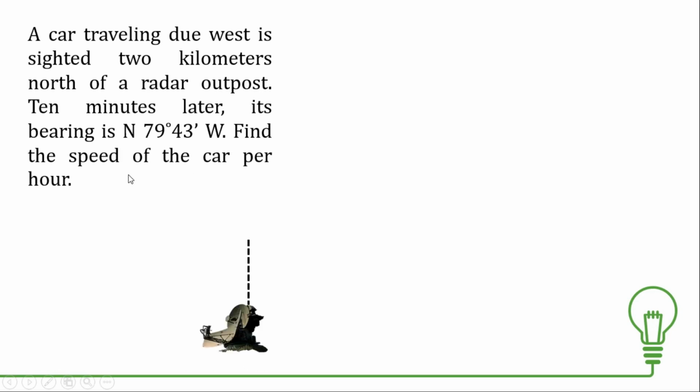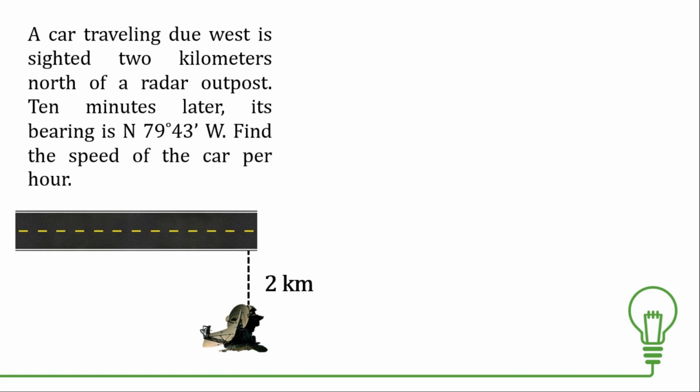So let us illustrate the radar here. The radar is 2 kilometers away from the car. To the north of the radar is the car, and that is 2 kilometers. After 10 minutes, the car deviates from the north line by 79 degrees and 43 minutes west.